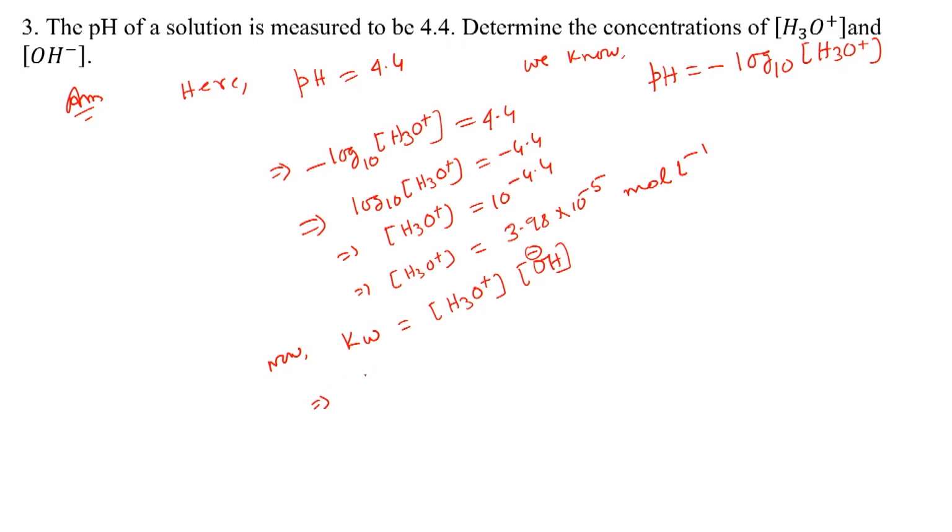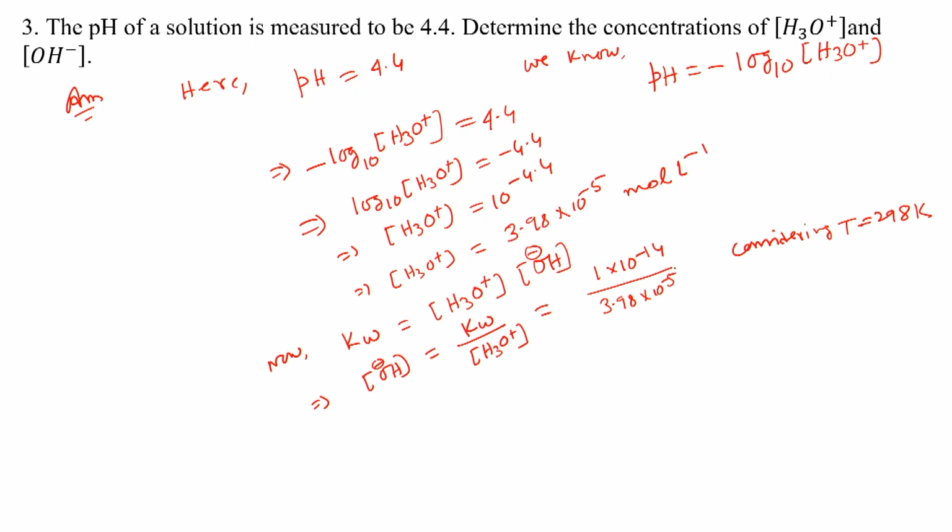So we get concentration of OH minus is Kw by concentration of H3O plus, and the value of Kw we already know is 1 times 10 to the minus 14 considering T equals 298 K temperature, by concentration of H3O plus, 3.98 times 10 to the minus 5.